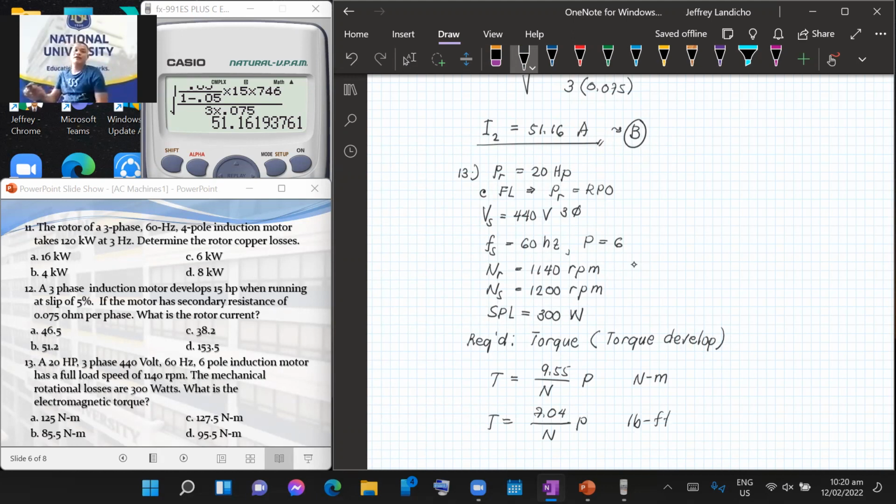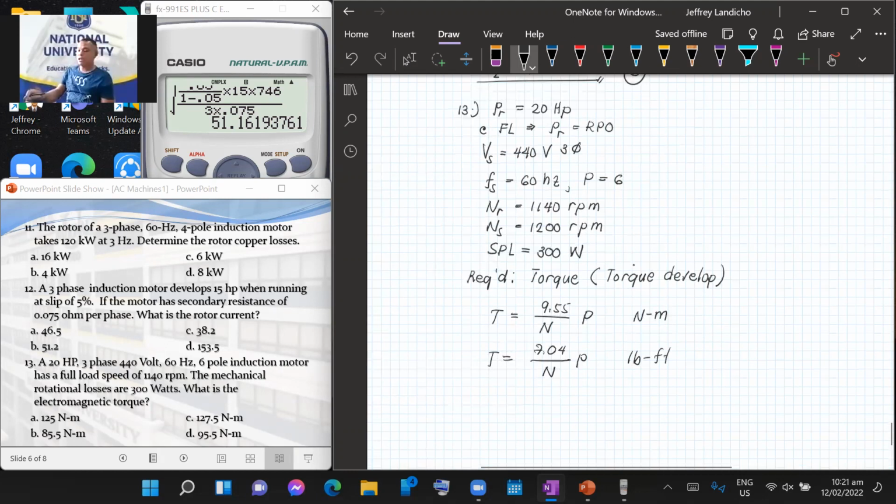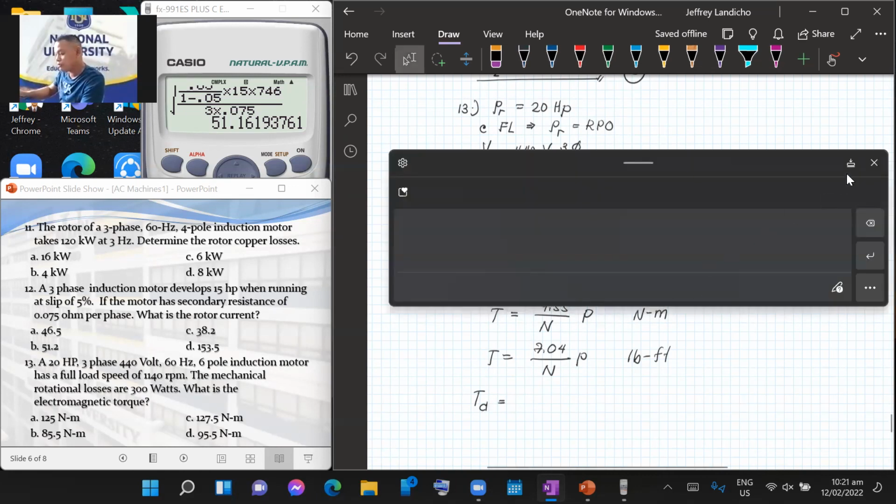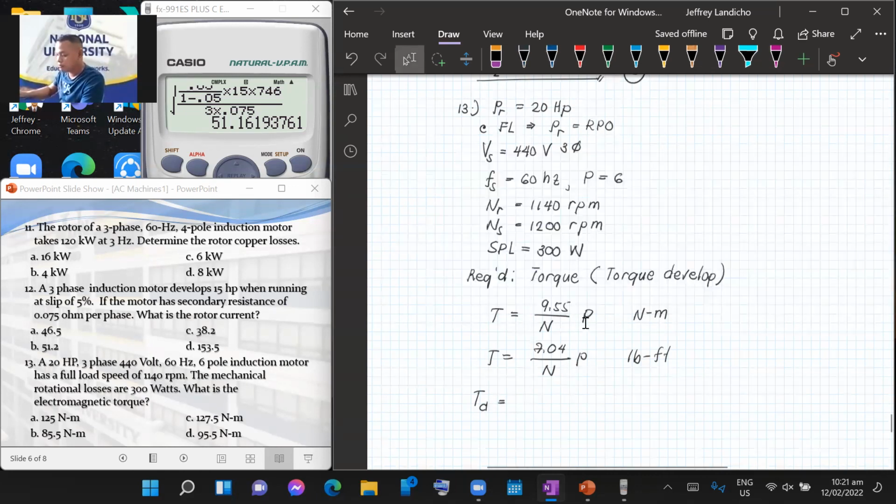So, yan pa rin ang gagamitin natin formula. Yun nga lang, babaguhin lang natin yung mga variables na gagamitin para alam natin we are dealing with induction motor. So, ibig sabihin, kapag hinanap natin si torque developed, the power to be considered, it should be power developed. Sino ba ang power developed? So, that is RPD. So, lumalabas, 9.55, ano speed ng motor? It should be the NR, that is the actual speed at which the motor rotates.